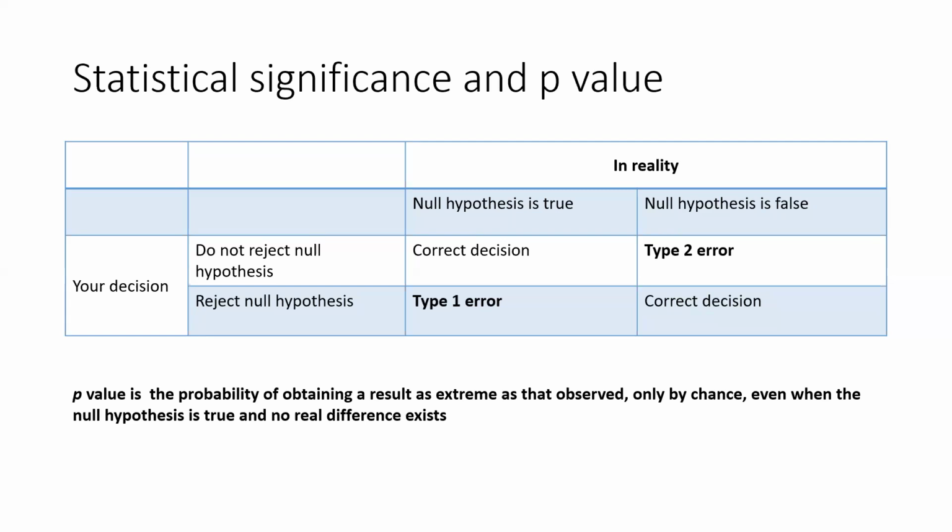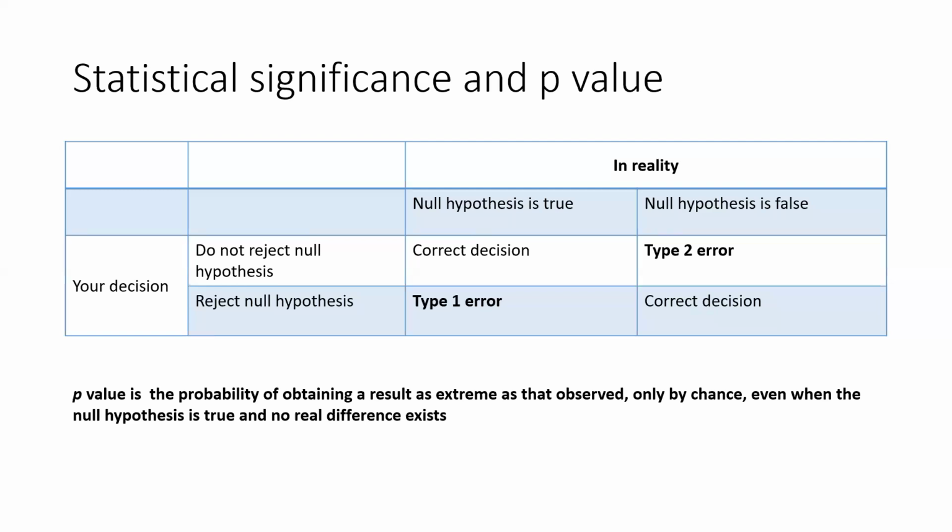There are two methods to make inferences about the population. One is the confidence interval, the other is the p-value. As I described earlier, using the confidence interval you can give a population value range. If that range does not include the null value, there is a significant association in the population.